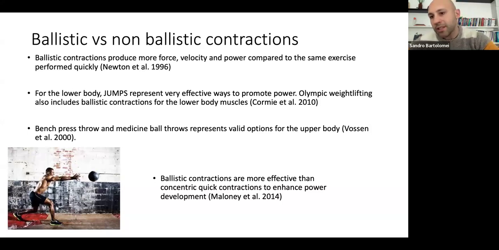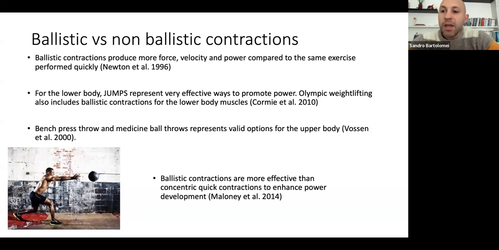Then we move to maximum strength, and at the end, some exercises, in particular monoarticular exercises for hypertrophy, at high volume. But power was trained at the beginning of the training session. So including some power exercises at the end of the training session when you are already fatigued is not optimal to improve maximum power.